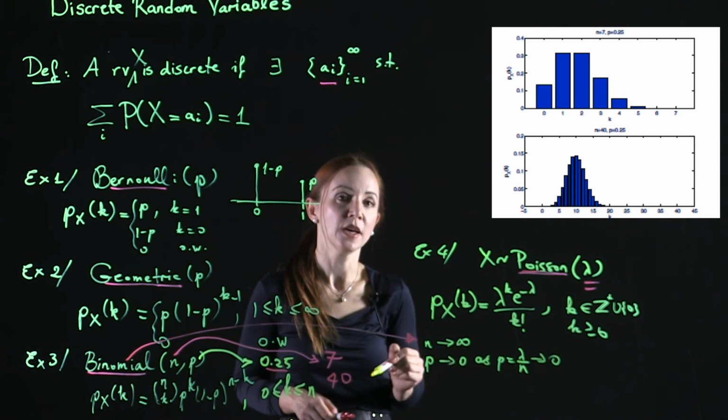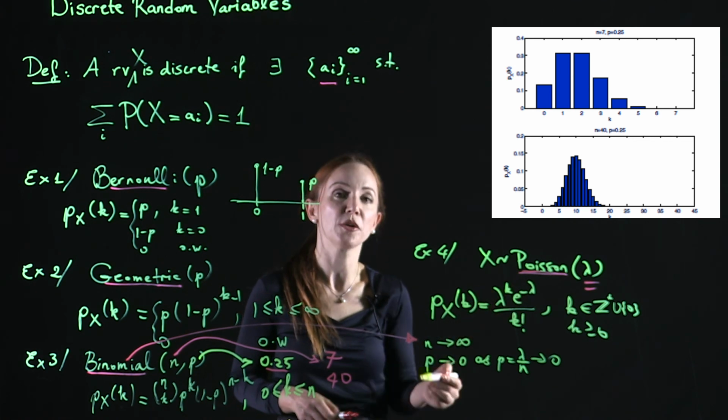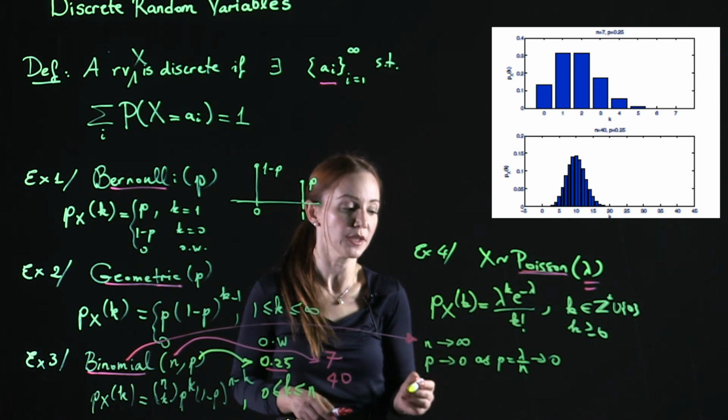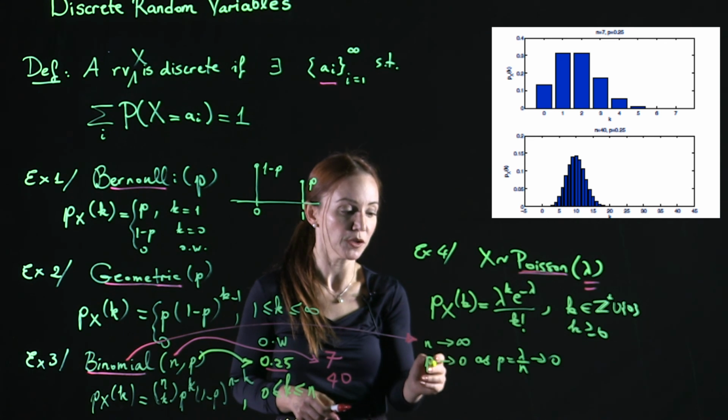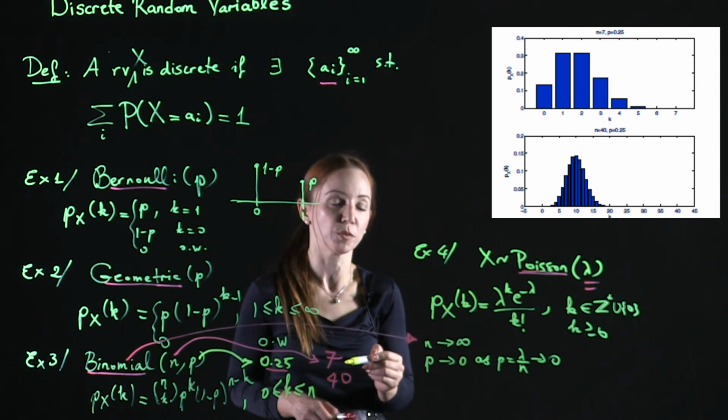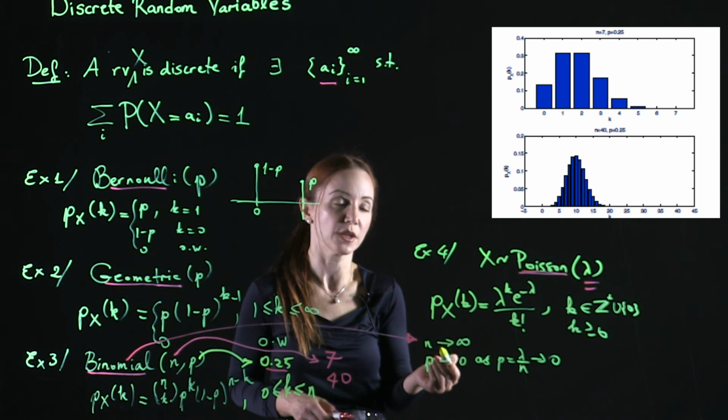In that case, and we could talk about it perhaps later when we talk about the Poisson process, the binomial distribution approaches a Poisson distribution.